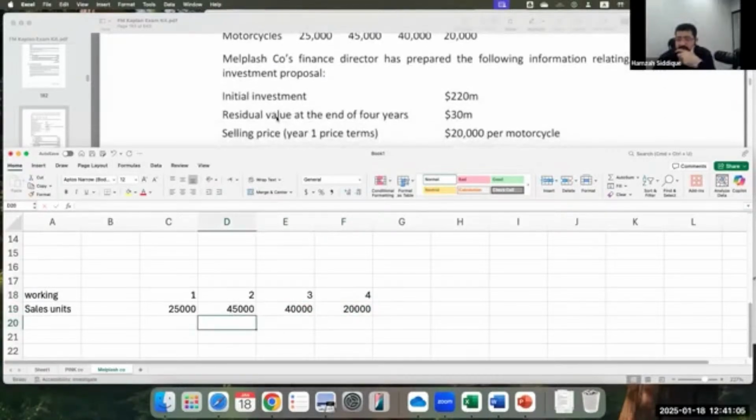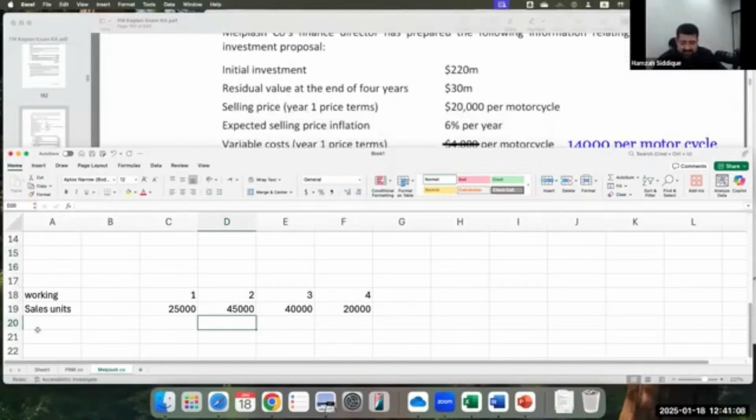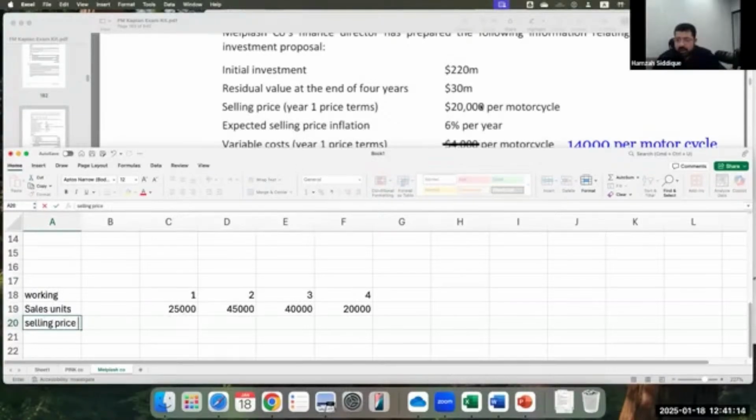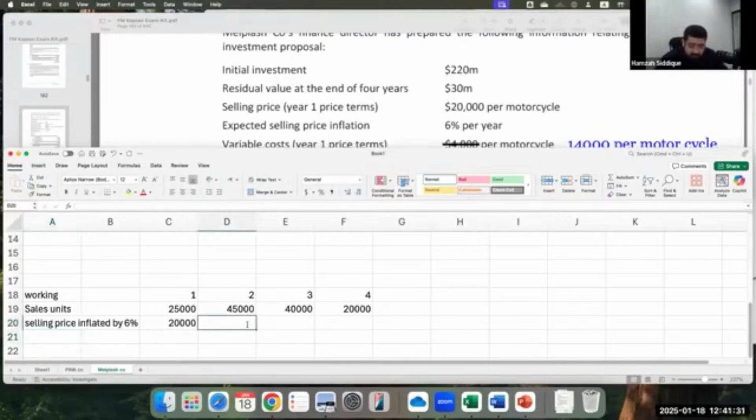Then selling price in year one terms is 20,000, inflated by 6% later on. It is a different way, so equal to this into 1.06, and we can simply drag it as well.